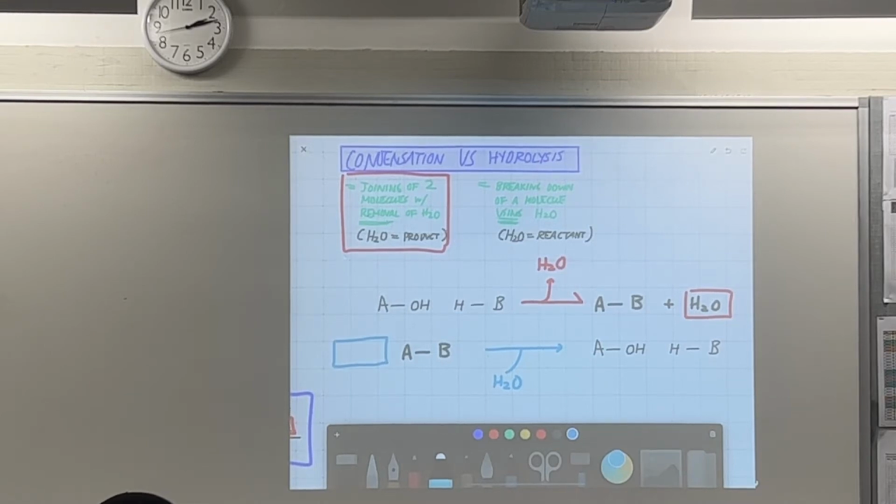So this is H2O. See? So we are basically forcing H2O back inside this bond, in 2 forms, OH and H. You can see the OH and H, they are coming from the H2O. We call this reaction hydrolysis. The top reaction, we call it condensation.